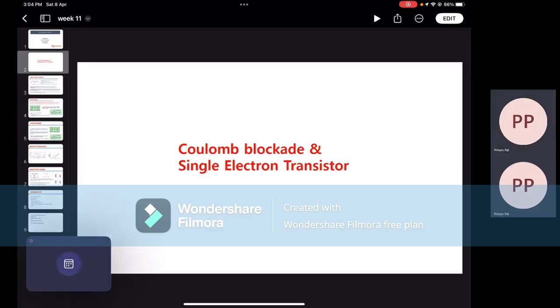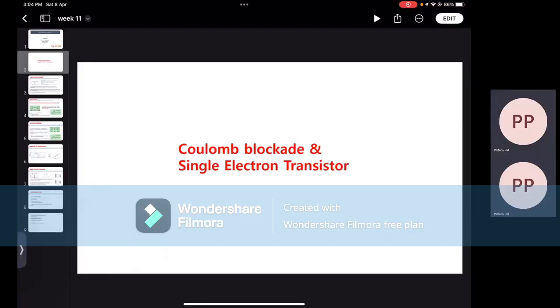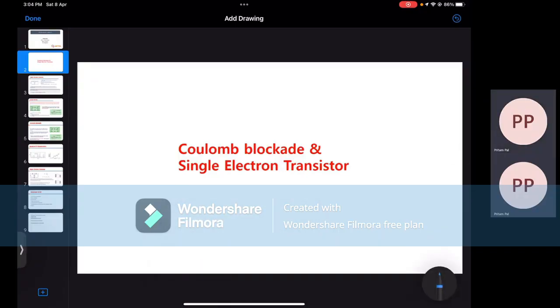Let me check once. So where is the? Yeah, now I can edit it. Yeah, it's fine. It's working. I hope my cursor is visible, and I will mainly use this thing.